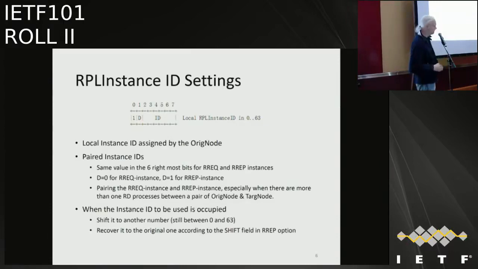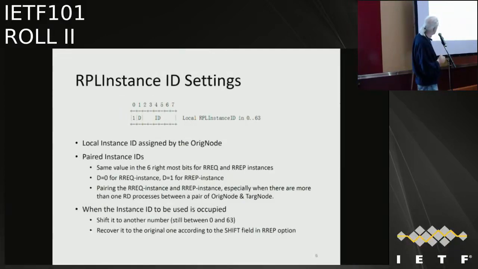Now what this proposal is to have another field. First of all, there's a bit here that says whether or not it's from the route request to the route reply.